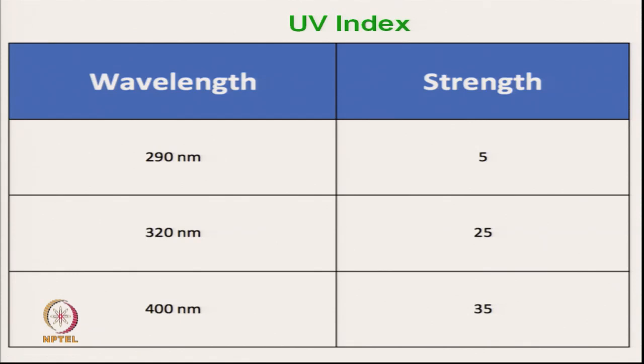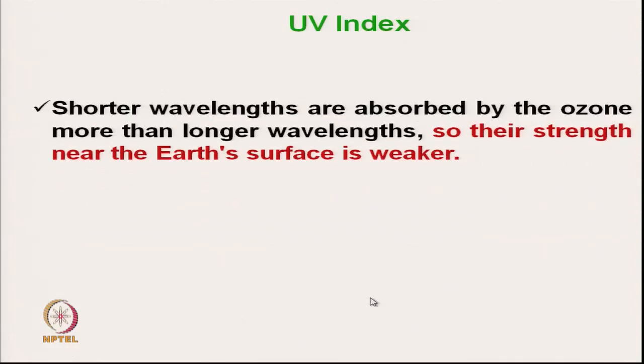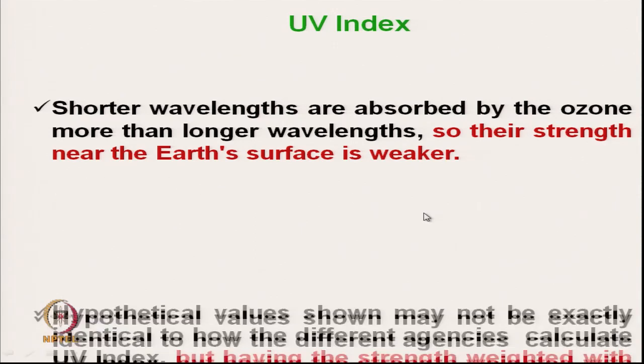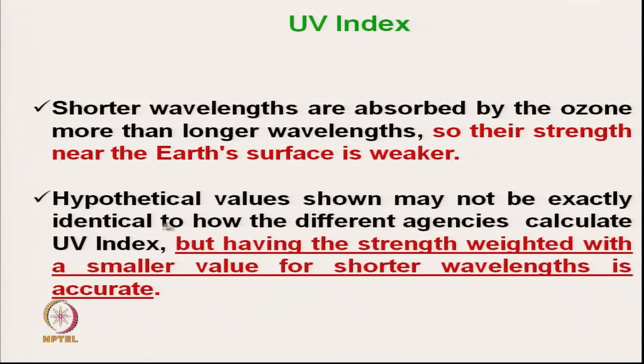So, there are standard methods of calculation, and from that we can take 5, 25, 35. Here it has been explained that the shorter wavelengths are absorbed by ozone more than the longer wavelengths. So, their strength near the earth surface is weaker. Hypothetical values shown by this earlier table may not be exactly identical to how the different agencies calculate the UV index.